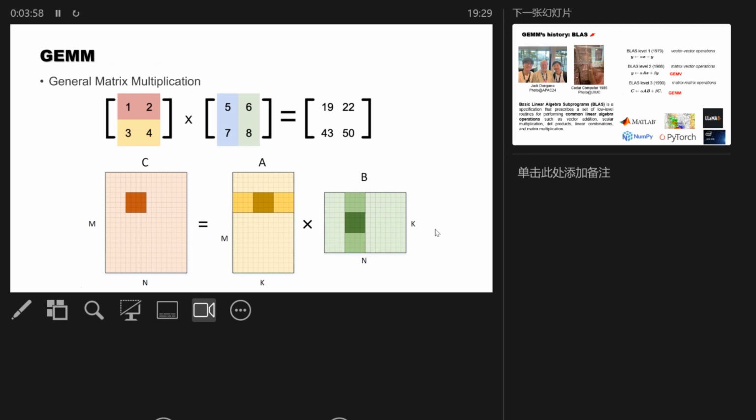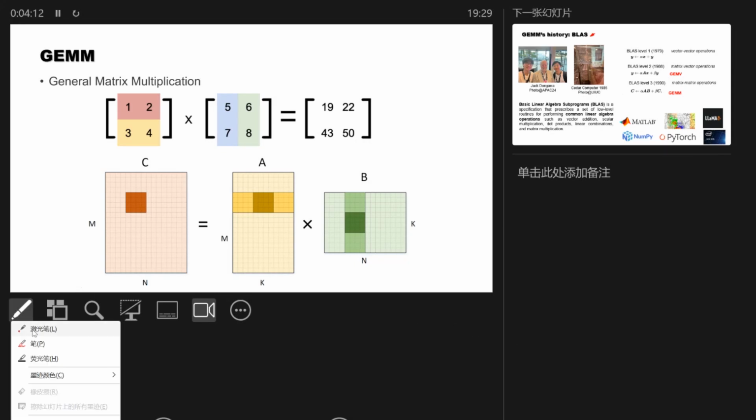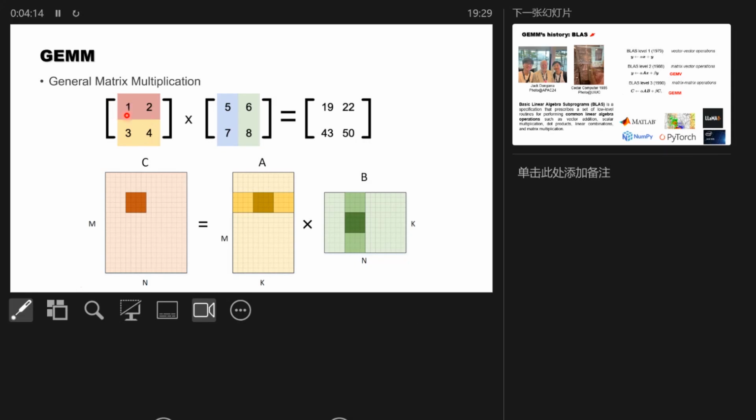The first element of the first row of the result C, that is 19, is calculated by 1 times 5. Wait, let me get a pen. Yeah, that's 1 times 5 plus 2 times 7. That is 5 plus 14, and the result is 19. And the rest of them are the same.